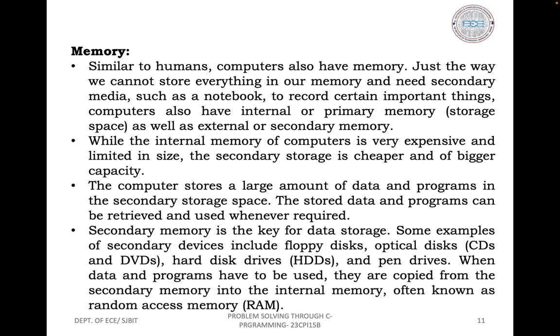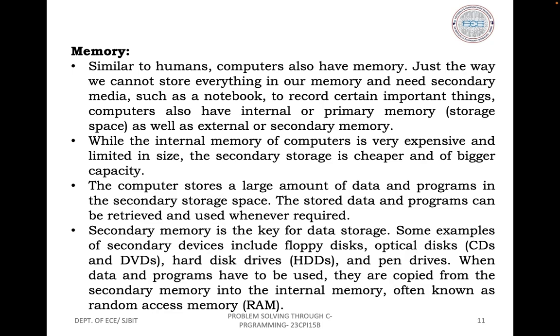While the internal memory of computers is very expensive and limited in size, the secondary storage is cheaper and of bigger capacity. The computer stores a large amount of data and programs in the secondary storage space. The stored data and programs can be retrieved and used whenever required.